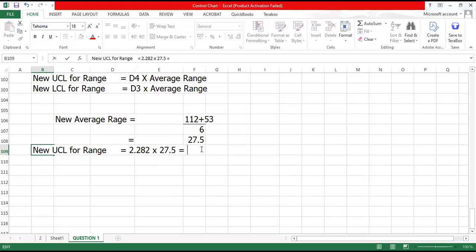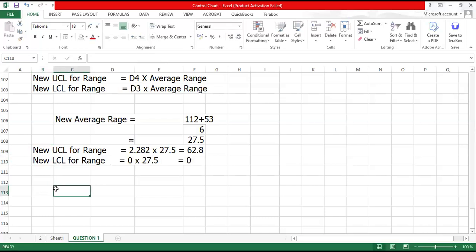What do you get? 62.755, about 62.8. Then your new lower control limit for range is equal to D3, which is 0, times the average range 27.5. And you get 0.